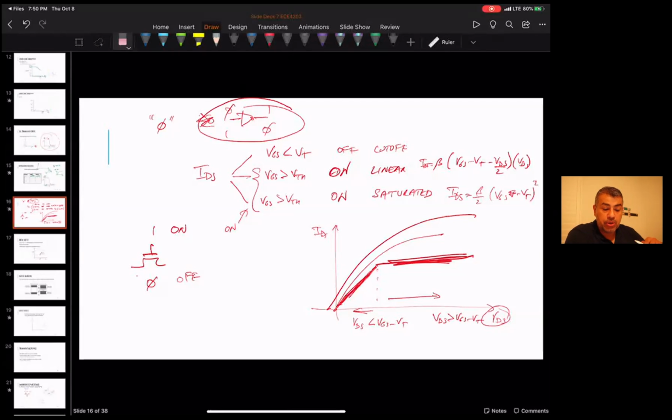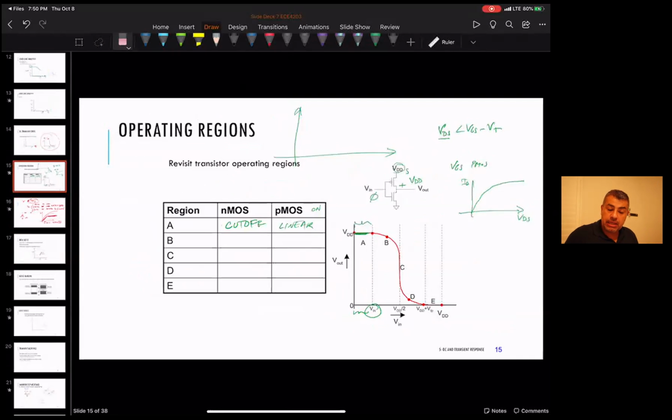So anyway, we'll go through all these modes. Again, in region B here, the input is higher than the threshold of the N, so the NMOS is on. The input is lower than the threshold of the P, so the PMOS is also on.